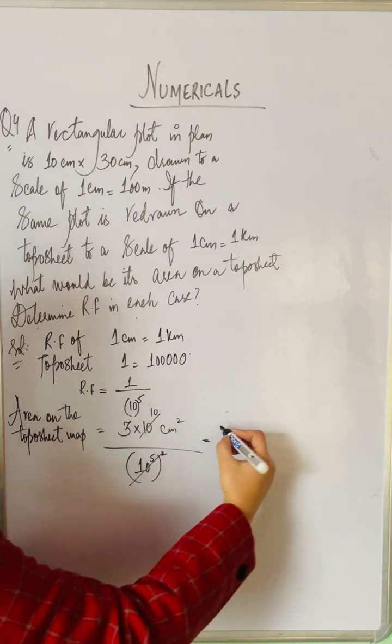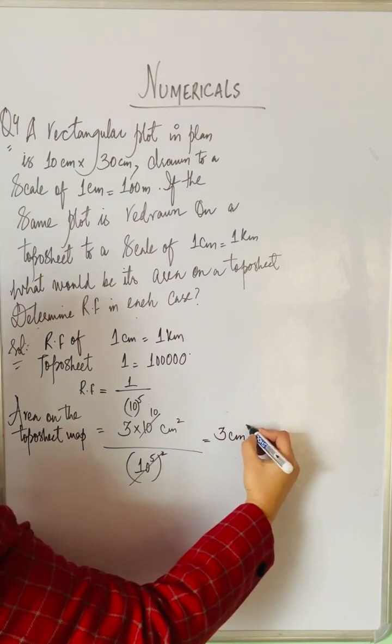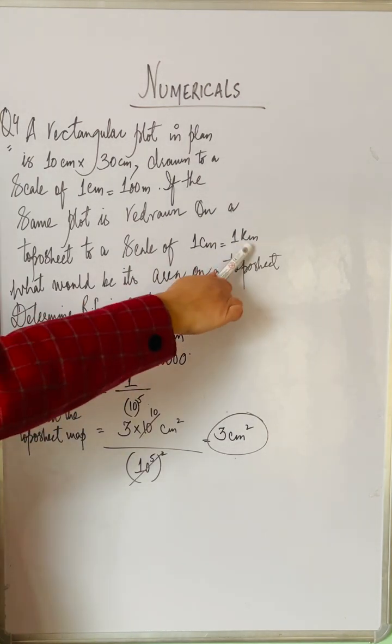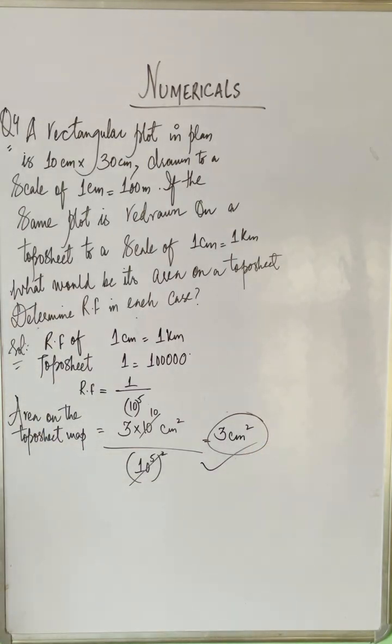This and this will go, giving 3 square centimeters. This will be the area of this rectangular plot if it has been redrawn on a topo sheet to a scale of 1 centimeter equal to 1 kilometer, right? So this was question number 4. Let's move on to question number 5.